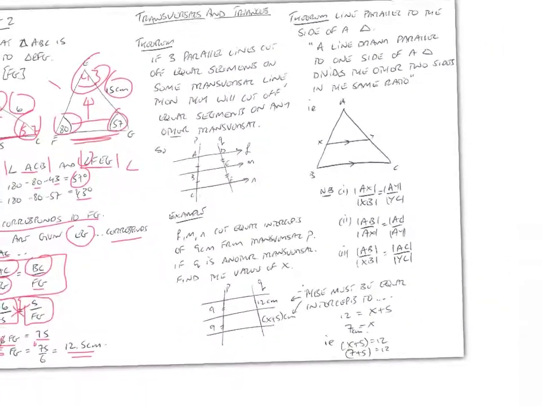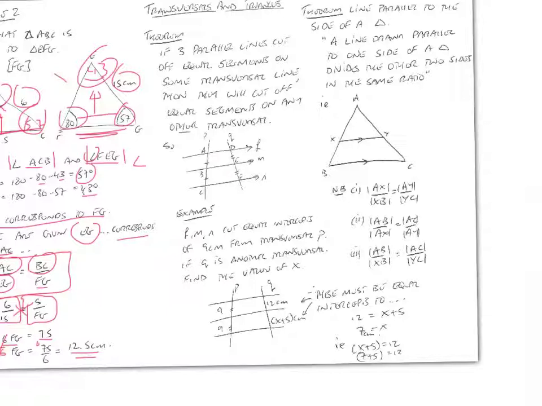Now let's look at another theorem here to do with transversals and triangles. Okay, let's start with the theorem anyway. If 3 parallel lines cut off equal segments on some transversal line, then they will cut off equal segments on any other transversal.